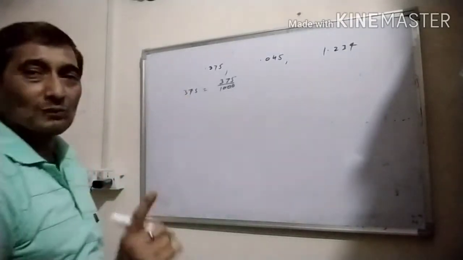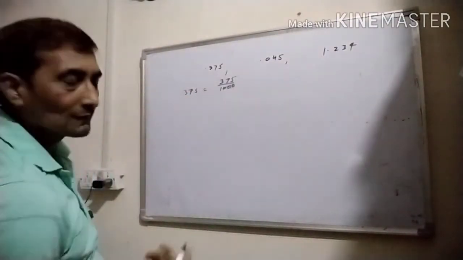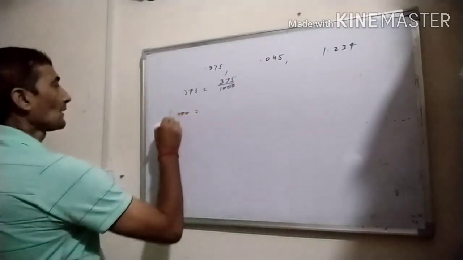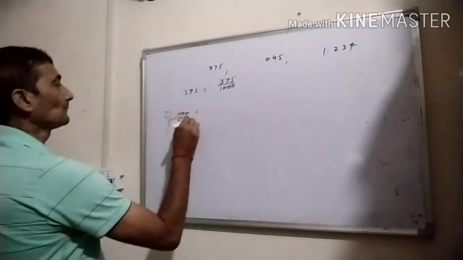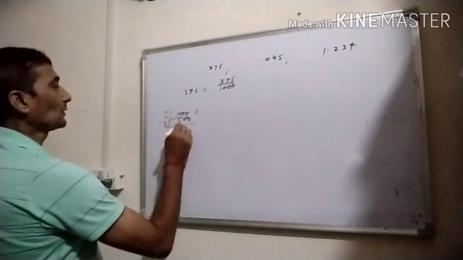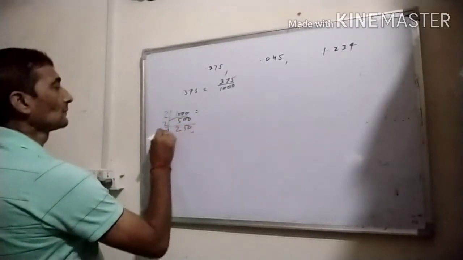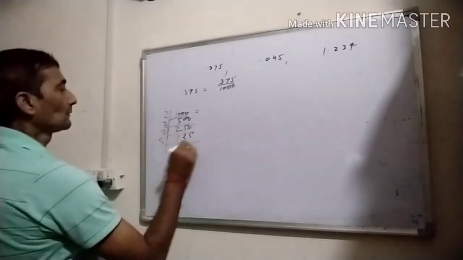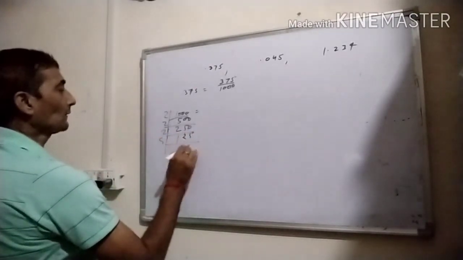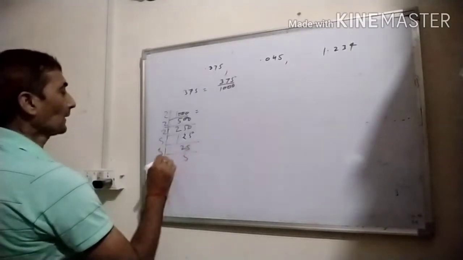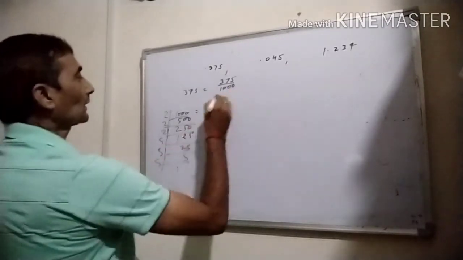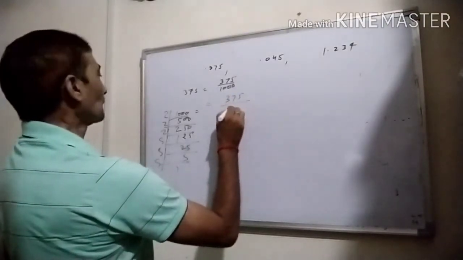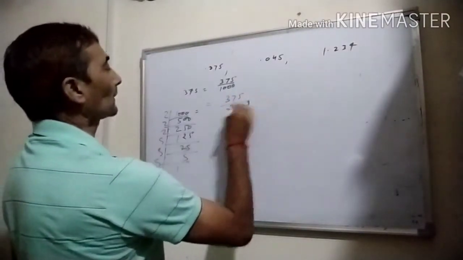When we factorize 1000, we get 2 to the power 3 into 5 to the power 3. That means 375 upon 2 to the power 3 into 5 to the power 3.